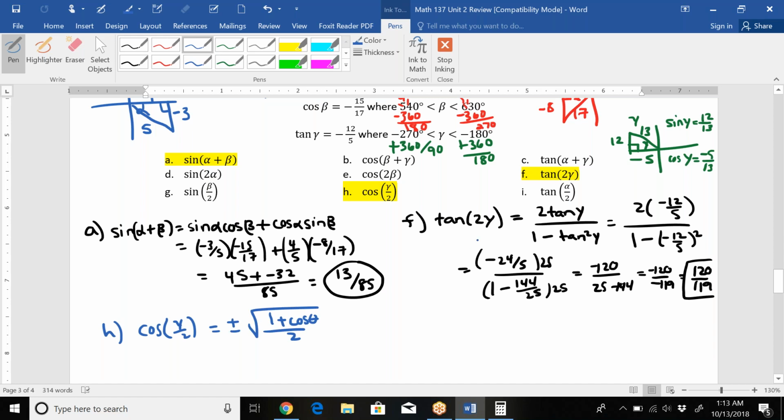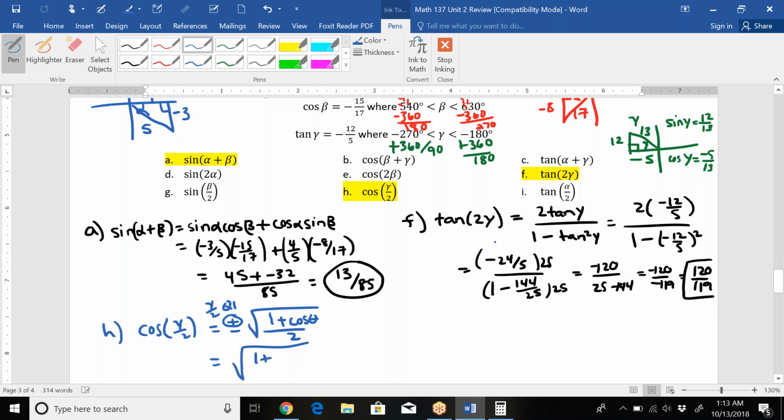To know if we're choosing plus or minus, we have to look at our information about where gamma over 2 would be. So if gamma is in the 90 to 180 range, imagine cutting those in half. That would be 45 to 90. That puts that in quad 1. And in quad 1, everything is positive. So because gamma over 2 would be in quad 1, that's why we choose the plus. So I don't even need to write anything in front of it.